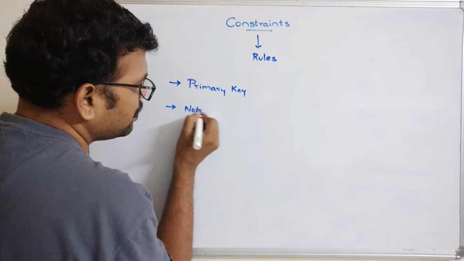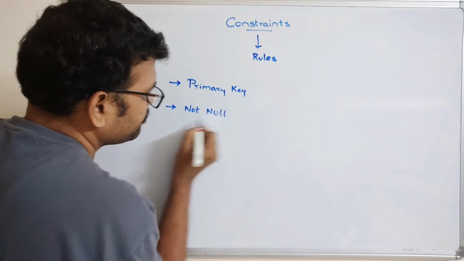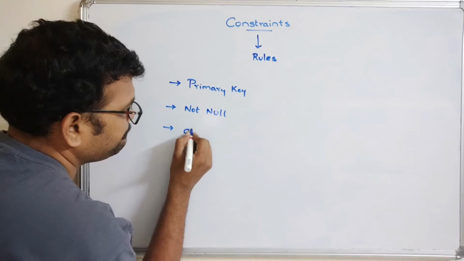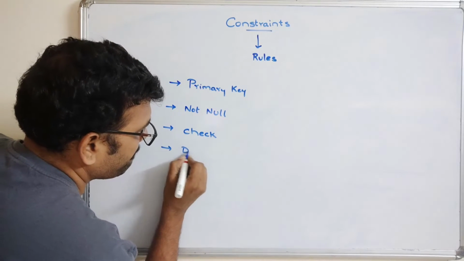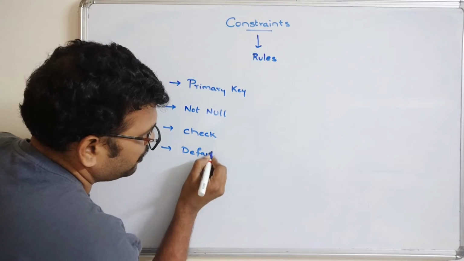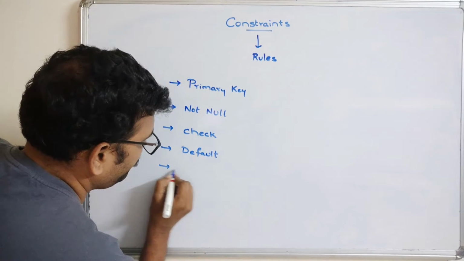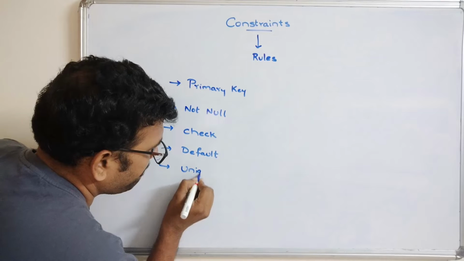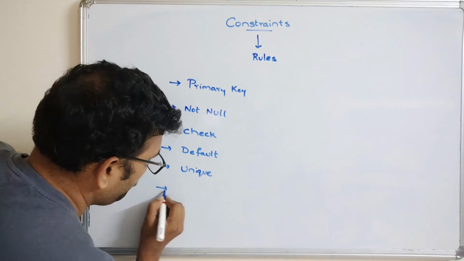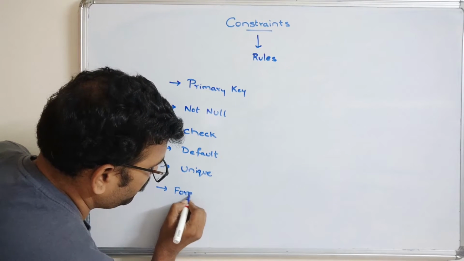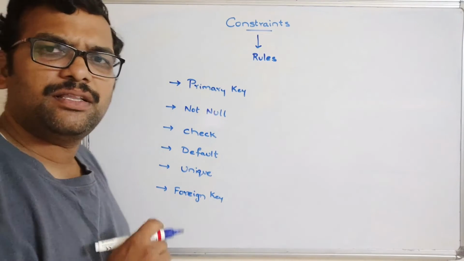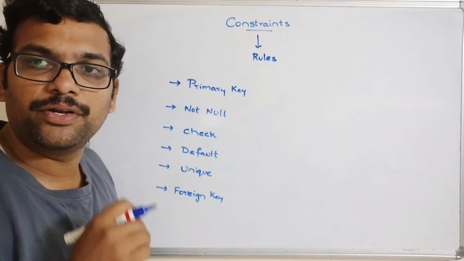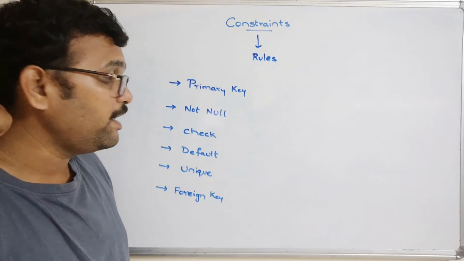Not null, check, default, unique, foreign key. So these are the common constraints we are going to use while creating a table.